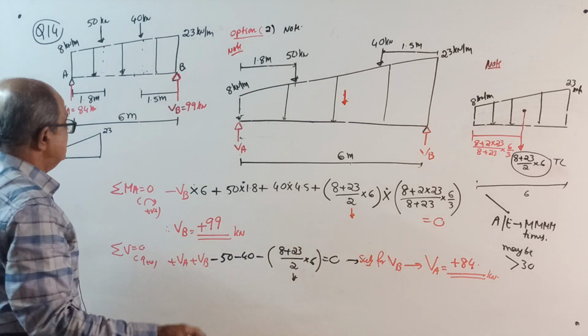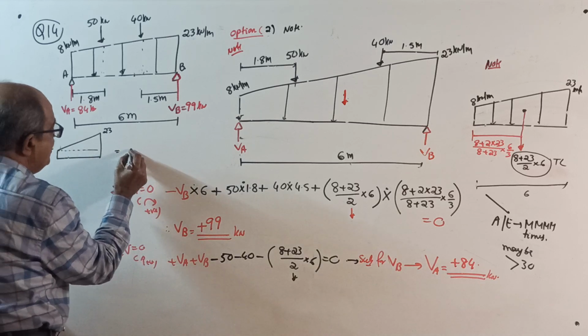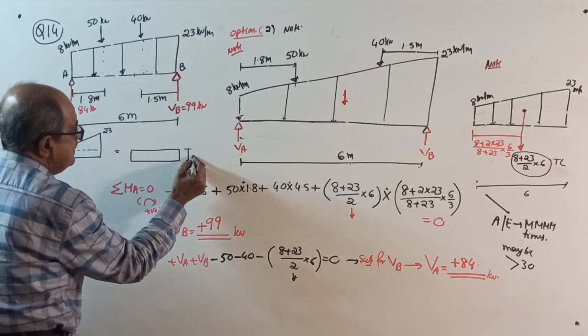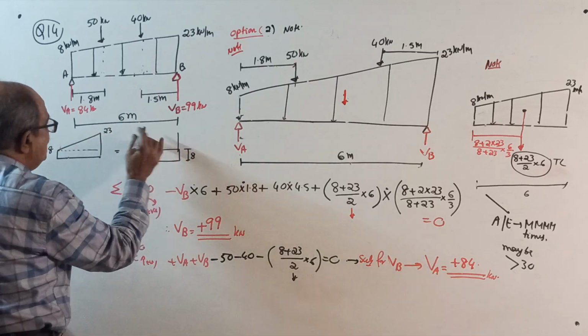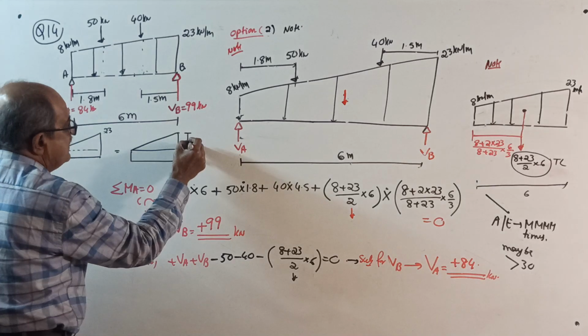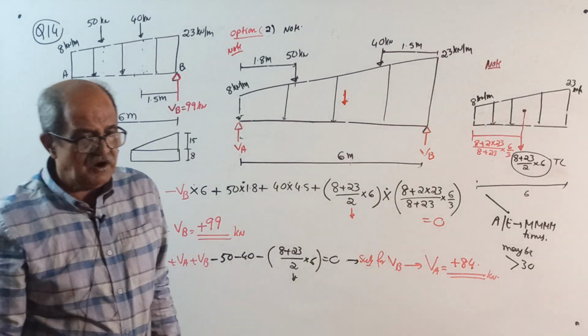Kilonewton per meter you write. Divide into a rectangle and triangle. This will become a rectangle of everywhere 8 and a triangle of this is 23, this is 8. 23 minus 8 is 15. That's how it will come. Okay, write this note and then now you write one more sketch.